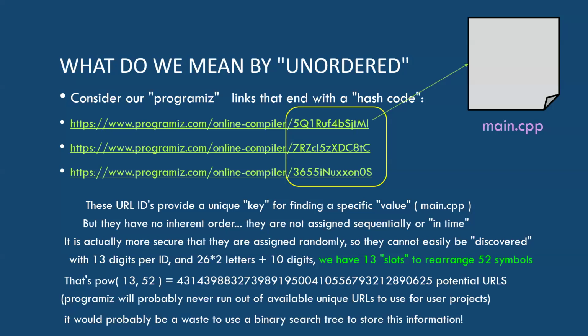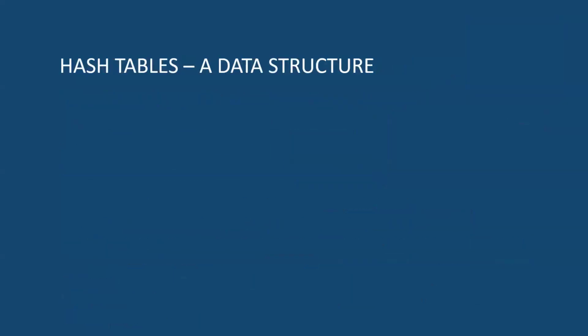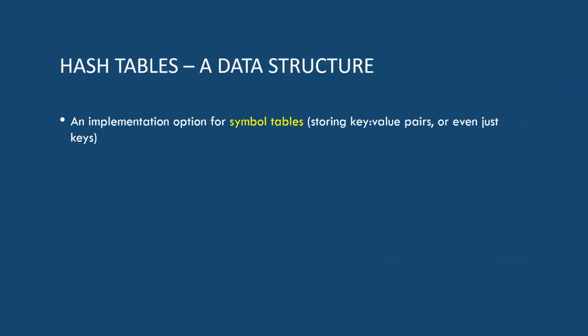Not exactly the same thing, but it gives you a sense of how these things work out in the real world. So what we want to do is take something like our key and turn that into some kind of numeric value so that we know where to store something.